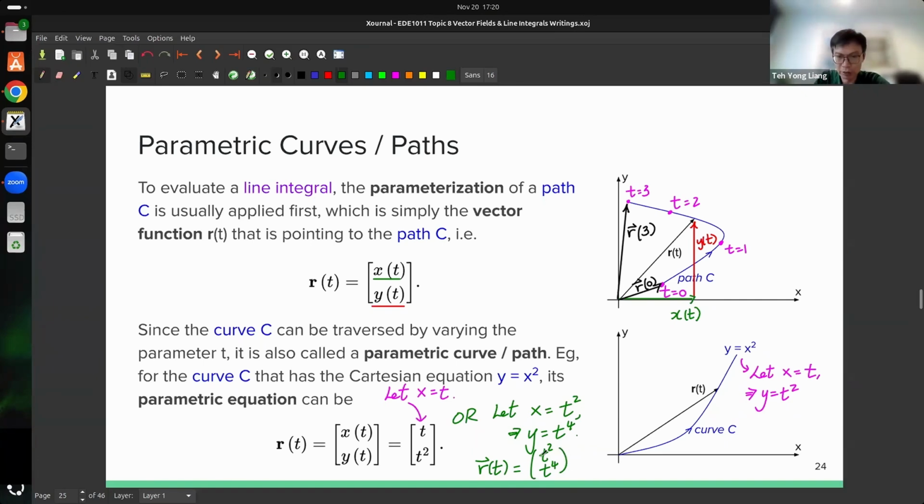This is perfectly fine as well. But during parameterization, typically we will just try to use the simpler functions, as simple as we can. If there's no good reason to introduce a square, then don't introduce the square. You can of course let y be t also. If you let y be t, then x has to be root t, for example.